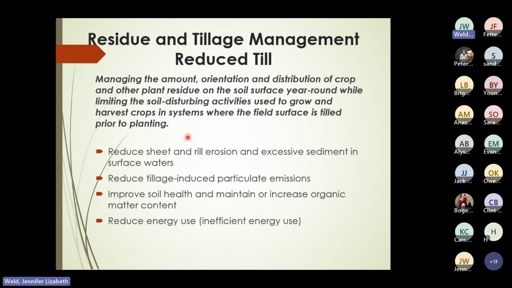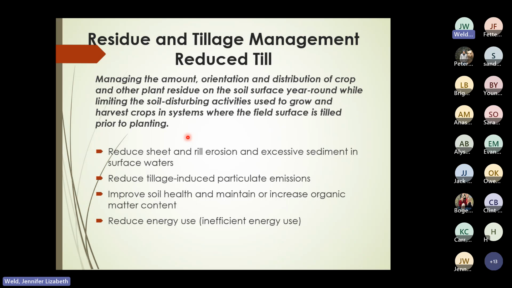So reduced till is a little bit different than no-till. Here you're managing the amount, orientation, and distribution of the plant residue and the crops, and it is still year-round, by limiting the soil disturbance activities for harvest as well as growth, where the soil is tilled prior to planting.